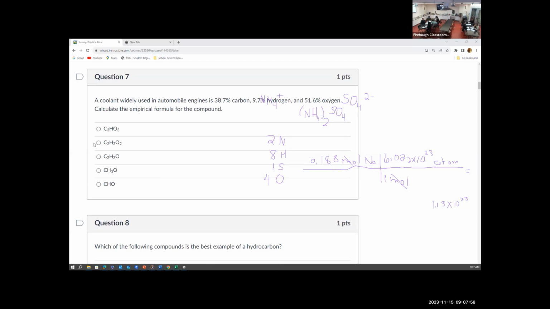Oh, this is good. Love these questions. It says a coolant widely used in automobile engines is 38.7% carbon, 9.7% hydrogen, 51.6% oxygen.